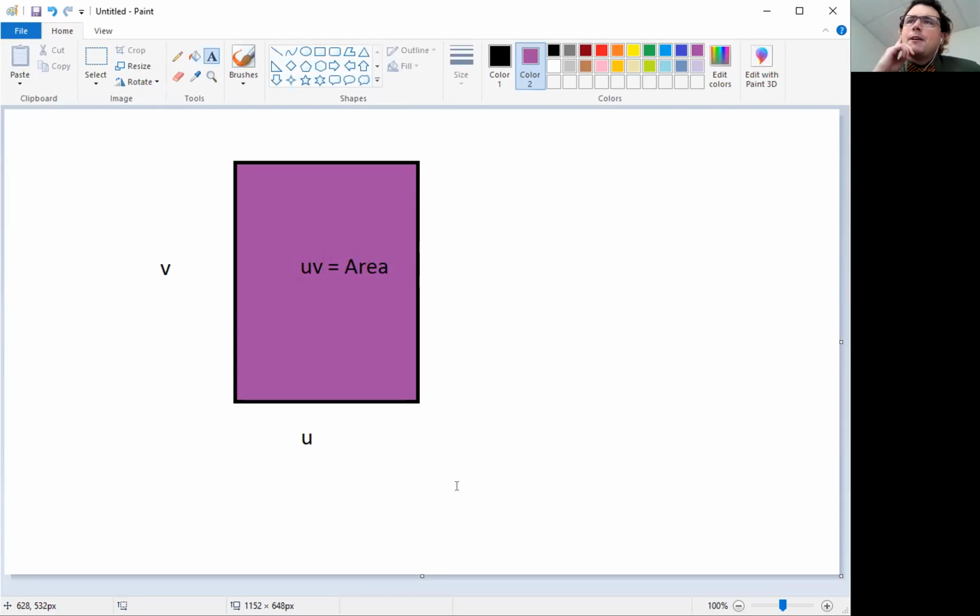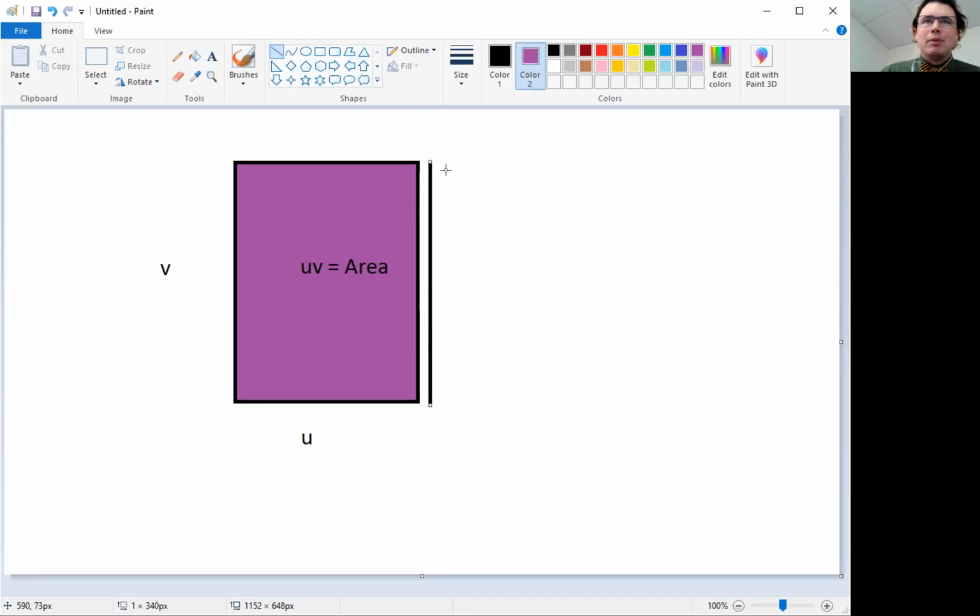My question is, what would it mean to take the smallest piece of area of this picture? So I can imagine the U getting a tiny bit larger. And let me draw that in here.